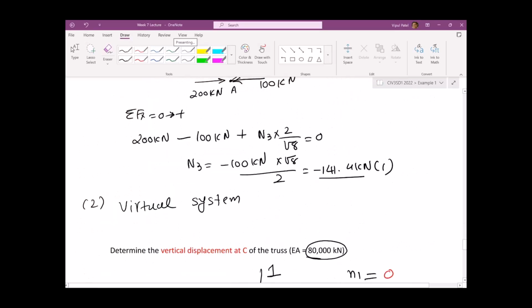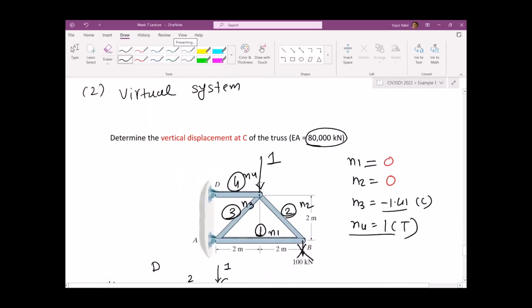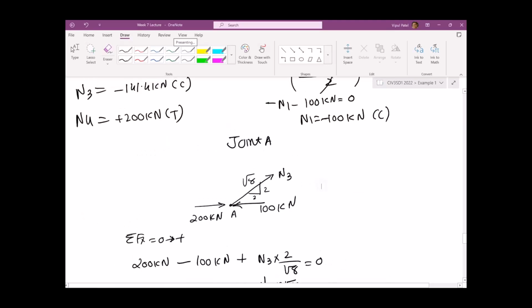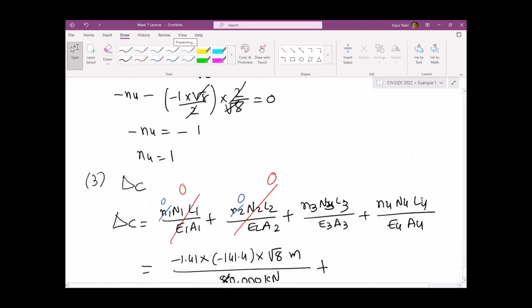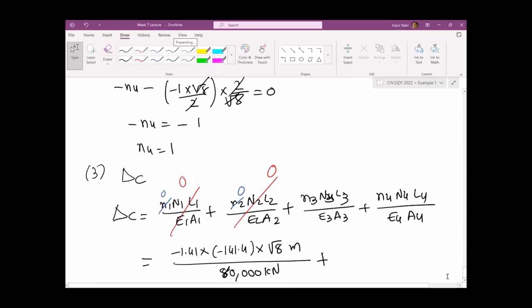I think the small n4 is equal to 1, and capital N4 is 200. So 1 and 200 times L4. L4 is 2 meters over 20,000 kilonewtons, right?